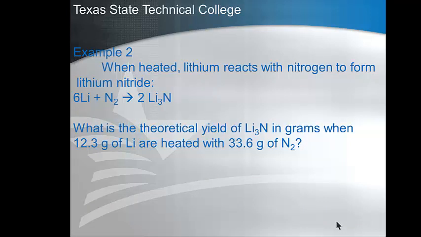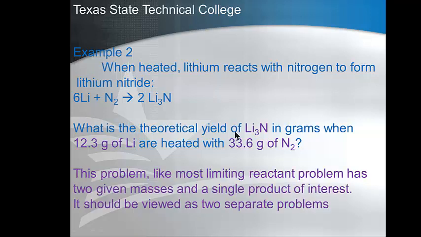My next example is a limiting reactant problem. It has 2 given amounts of reactants and a single product of interest. It's easier to solve a limiting reactant problem by viewing it as 2 separate problems.